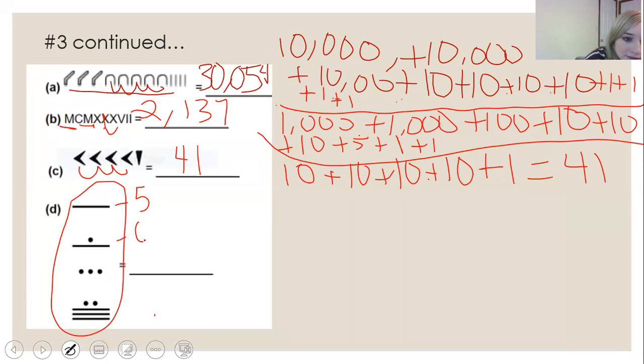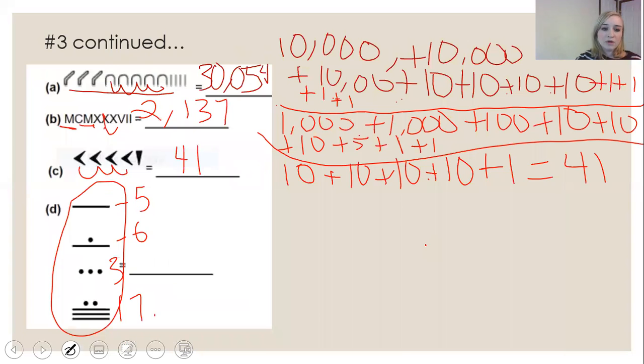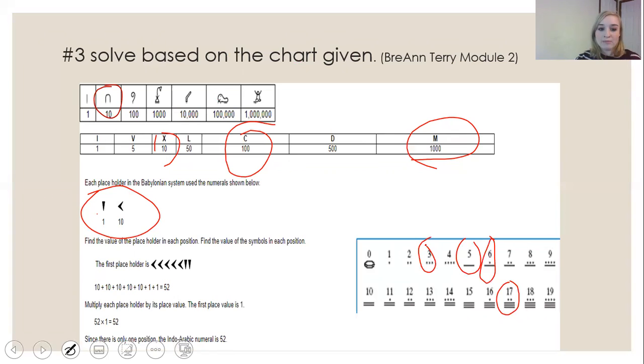This one is 6, and this one is 3, and our very last one is 17. As you can see here, that's the 17, that's 6, that's the 3. So now we have everything accounted for, and all we have to do is add.